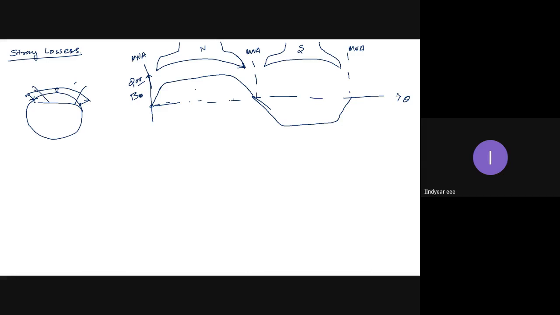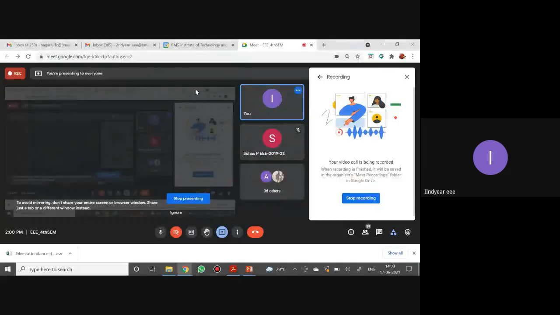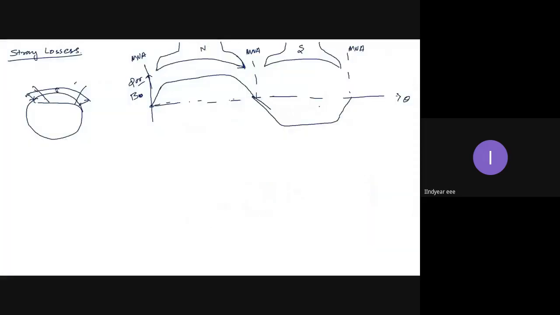So generally in almost all the machines, the flux is a flat topped waveform. It is not a sinusoidal waveform. If this is the case, then we call this the constant flux density wave, or undistorted flux density wave.